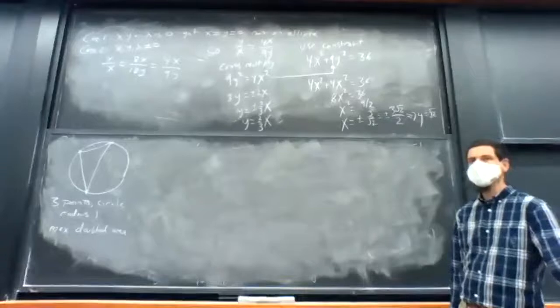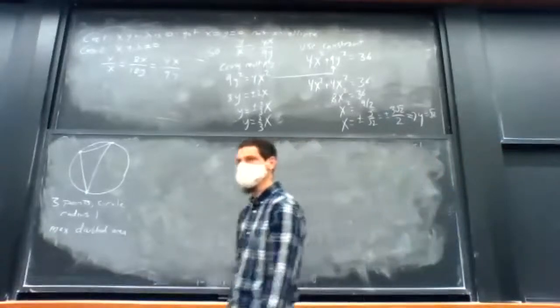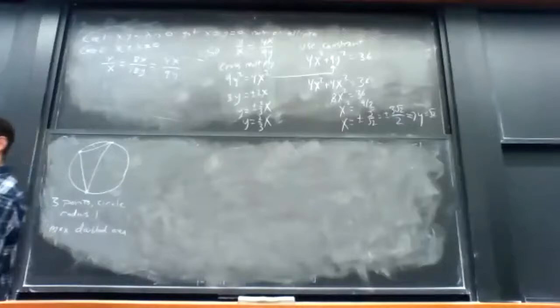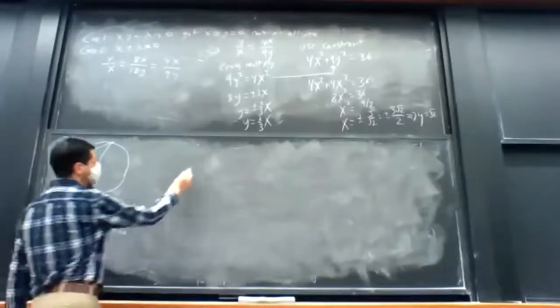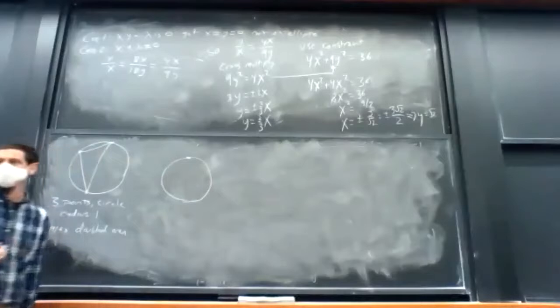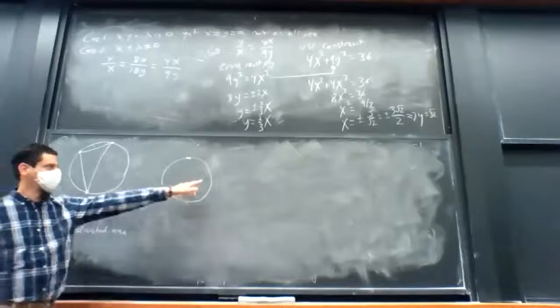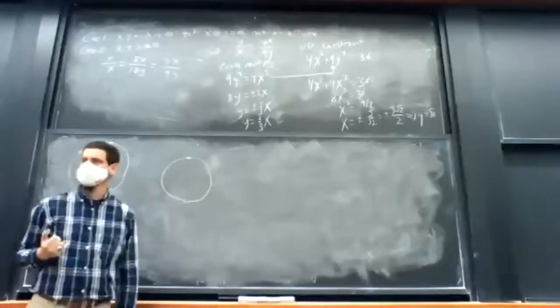Without loss of generality, what can I assume about one of my 3 points? Where is one of my 3 points without loss of generality? 0, 1. So you have elected to essentially put it on the North Pole. That's one of the 2 natural places to put it. Where's the other place people would put it? 1, 0, right? Doesn't matter which one you do.